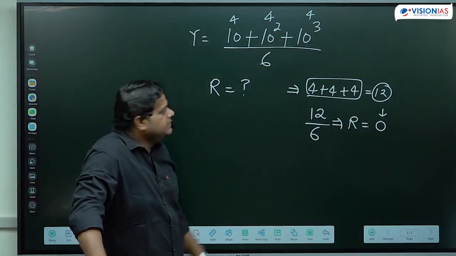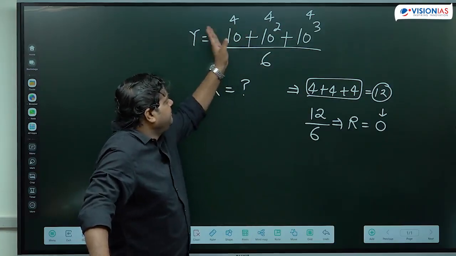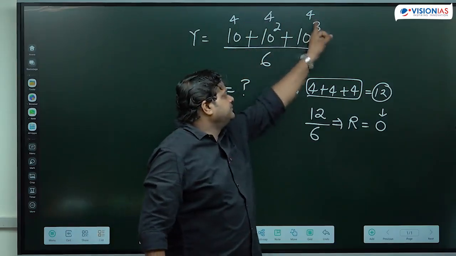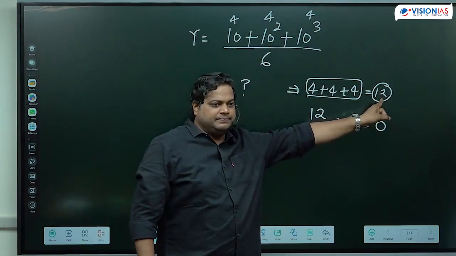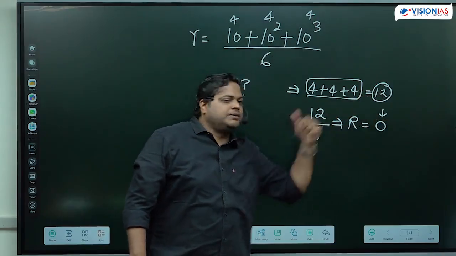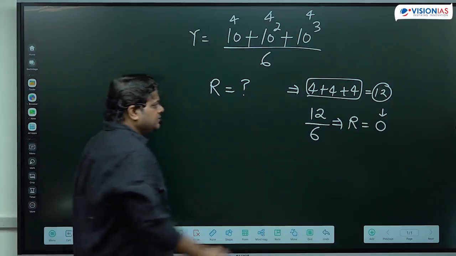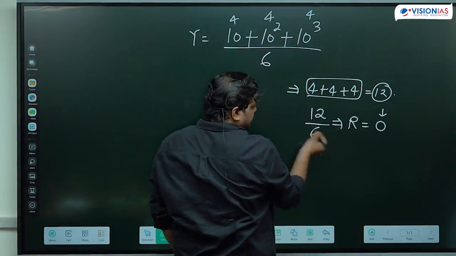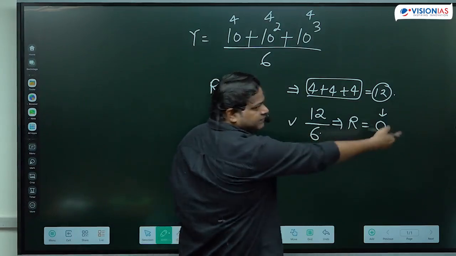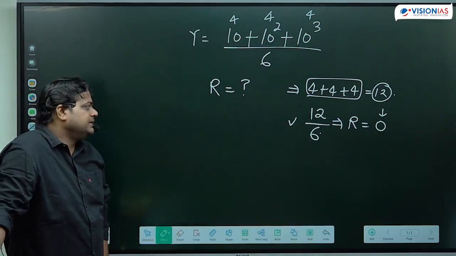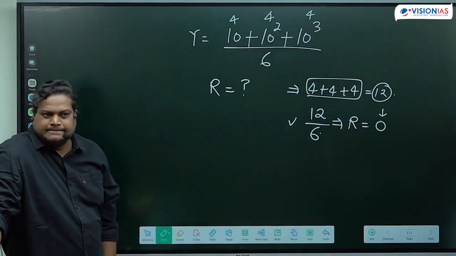Remainder 4. Then the final remainder will be, remainders will get added. 4 plus 4 plus 4, 12. But 12 cannot be our answer because we are dividing by 6. So this 12 ko we need to divide by 6 to get the final remainder. So the final remainder is coming as 0. ठीक है?